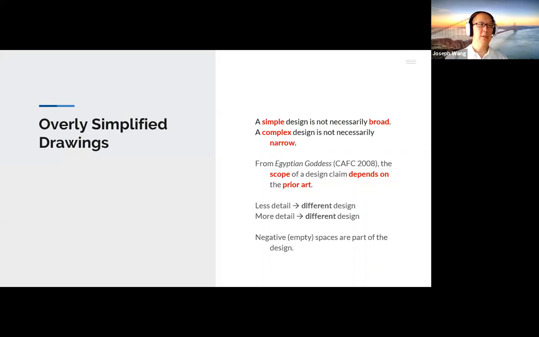We have situations where the product is very detailed, but unfortunately, the design practitioner trying to protect that design omitted lots of details. So, boom, now the client has a design patent, but it doesn't even cover their product because their product is so much more detailed than the claimed design.